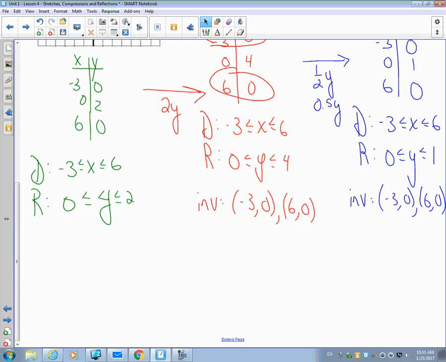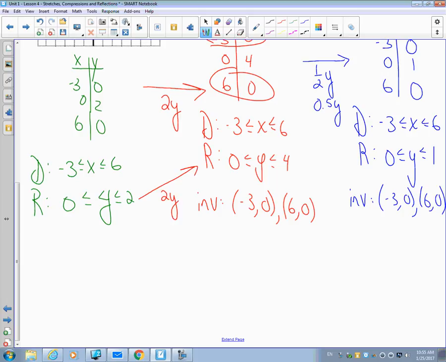If I were to take the transformation, the red one, and double the y's, that's what the transformation was, I get the range for the red one. If I were to take the blue transformation, what did we do here? We took 0.5 times y. What do you notice about the range for the blue one? Oh, it's half of the y's. I don't actually need the table or the graph to do it.